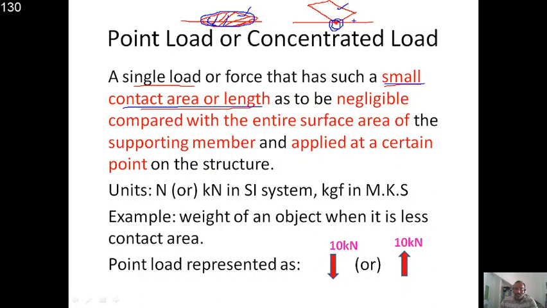This contacted area is very small. So we consider those types of loads as a point load, because their contact area is very small and they are concentrated approximately at one point. Hence we also term it a concentrated load.